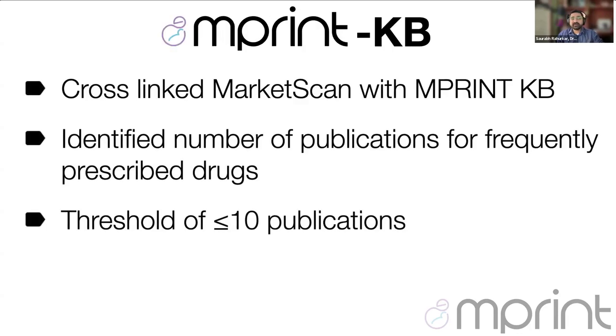After identifying high volume pediatric drugs from MarketScan, we cross-link that list with the MPRINT knowledge base. For those who are unfamiliar, MPRINT KB is a curated NLP-driven index of pediatric and maternal drug studies, which includes pharmacokinetic, pharmacodynamic, and clinical trials publications, and has over 670,000 publications focused on pediatric and maternal drugs.